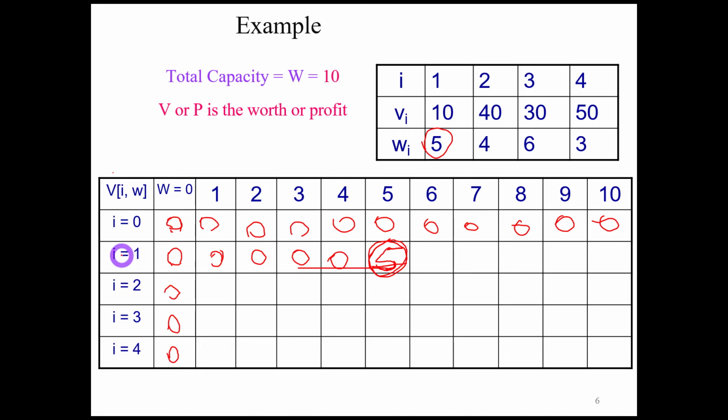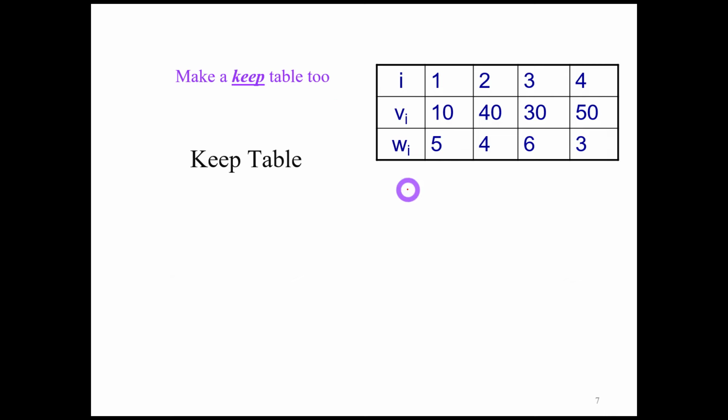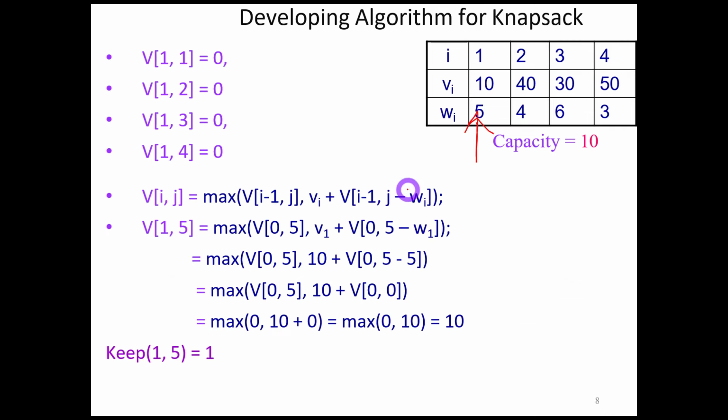So here you can see the I is 1 and J, or the allowed capacity, is 5. So this is I, J, 1, 5. I'm doing it for 1, 5, so just put the values. If I is 1, I minus 1 will obviously be 0. J is 5, and then V of I will be V of 1, and V of I minus 1, 0. J will be 5, and Wi is basically W1.